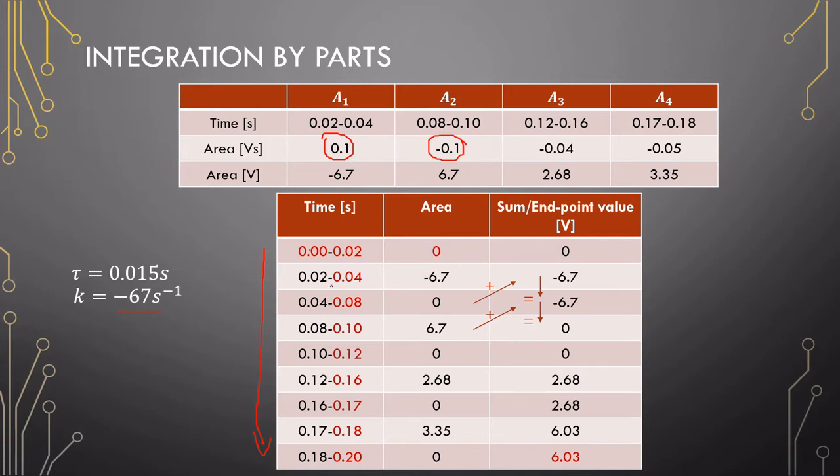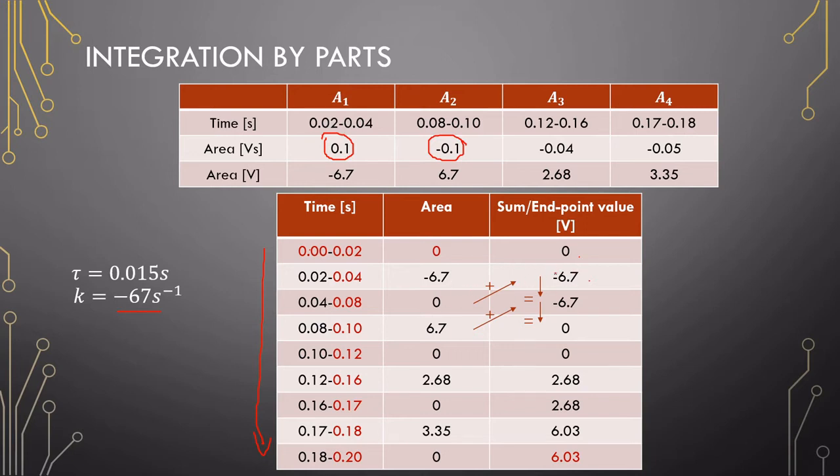Okay, so from 0.02 to 0.04, our output should go from 0 to minus 6.7 volts. Okay, so we can put in the area gained in every area, and then we do a summation.